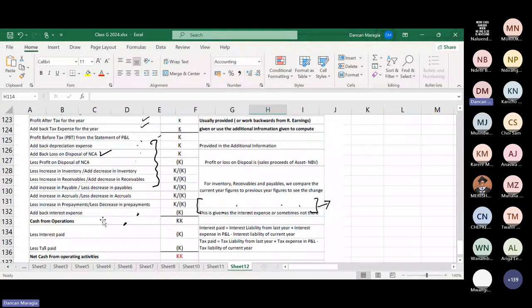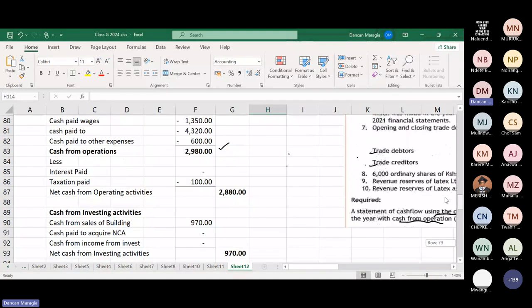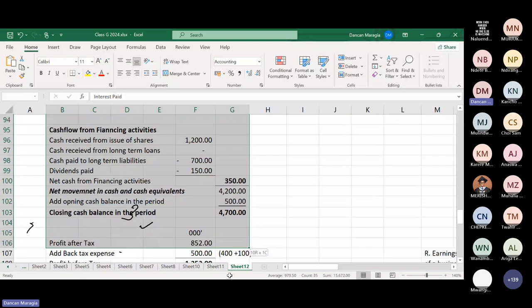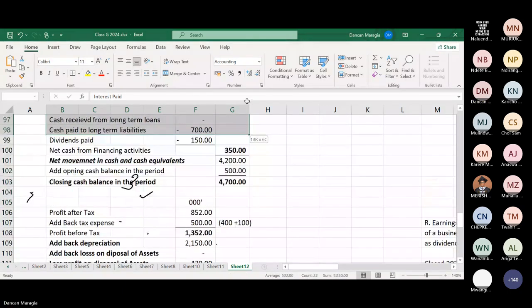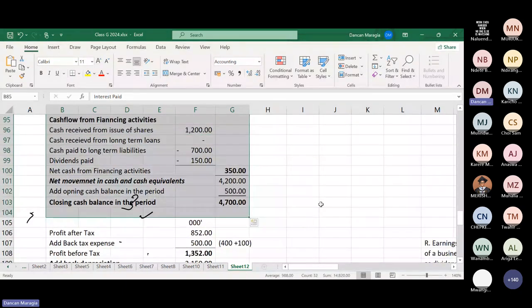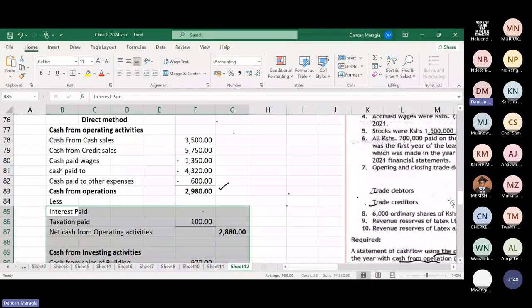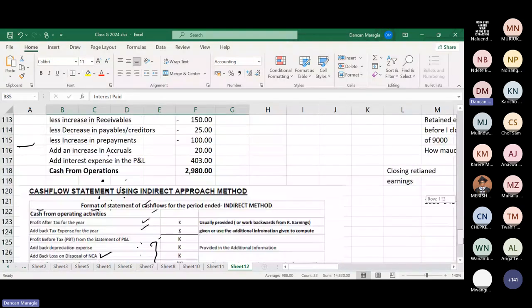We will assume that all the other concepts from here, interest paid, taxation paid, will be the same downwards for the indirect approach, because majorly the indirect and the direct approach usually differ on the first section only. And once we show it, you can see that the two figures will realign at 2980, and here cash from operations should also come back to 2980. So once they have agreed, from there going downwards, they should have the same figures.